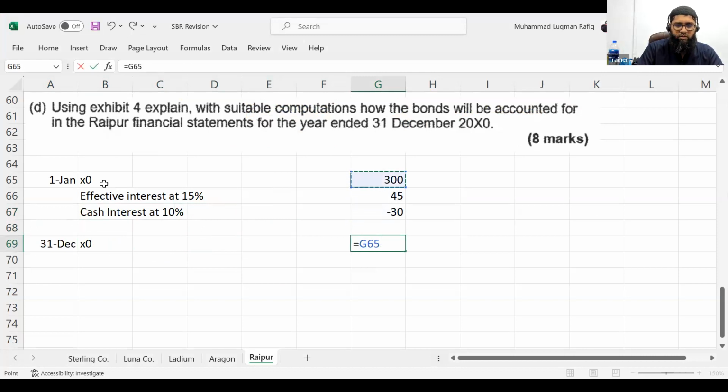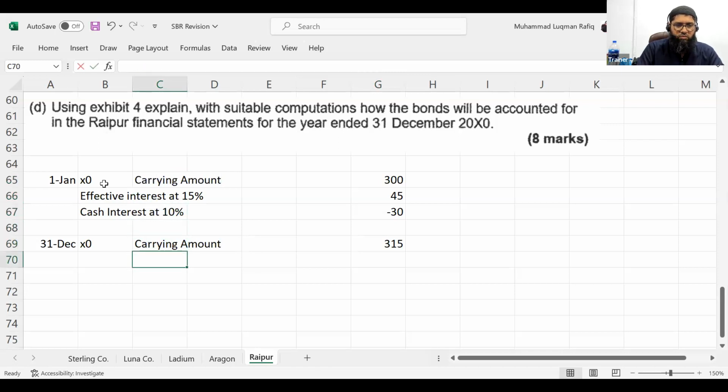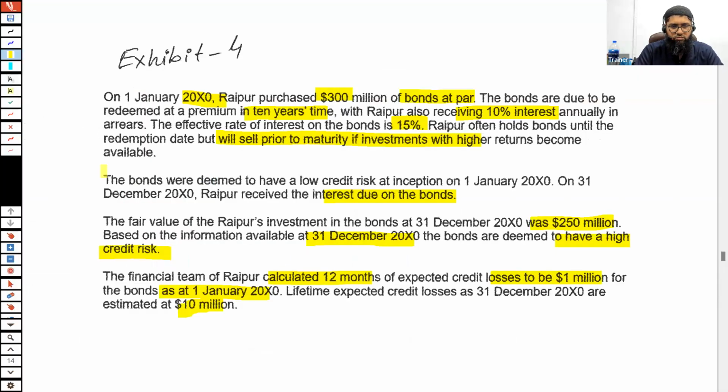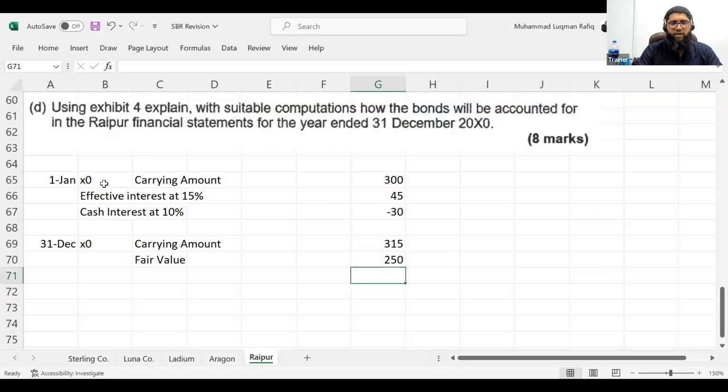This is going to be the sum of all this, 315. The fair value at this date is $250 million.